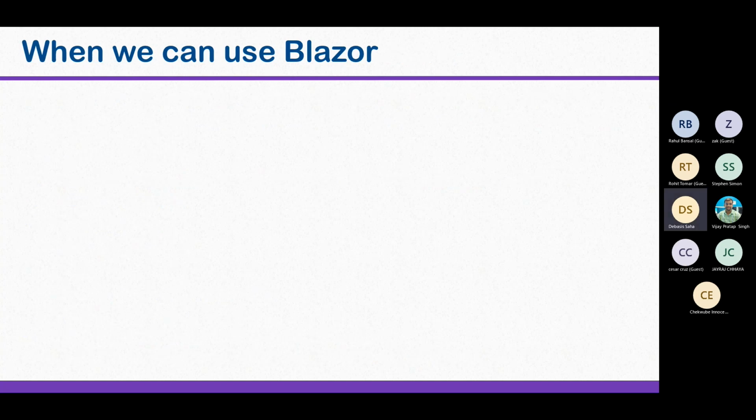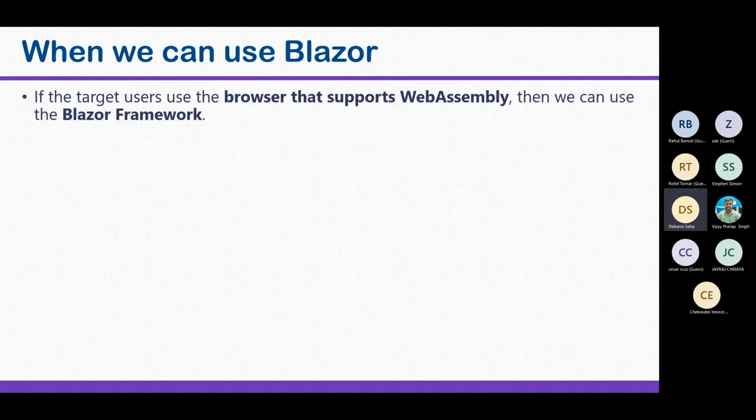So the next question is, as we know that Blazor has different benefits, when do we need to use Blazor and which type of hosting model do we need to follow, because Blazor has three different types of hosting models or approaches.